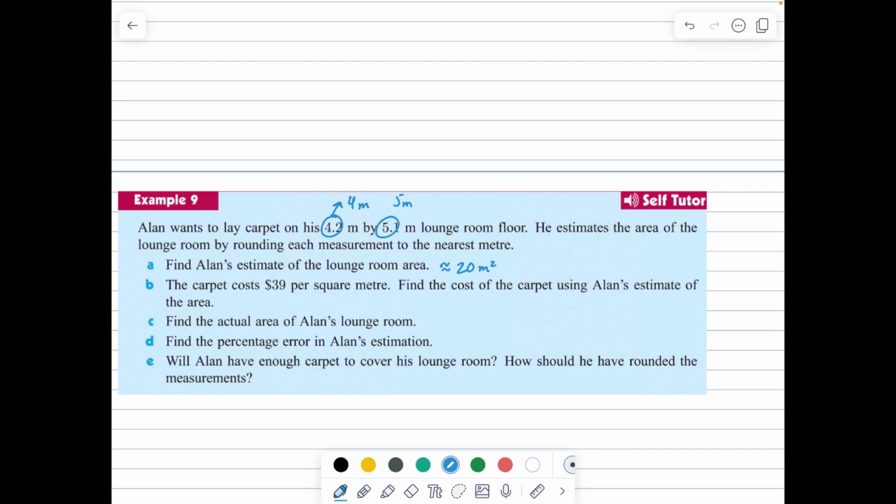The carpet costs $39 per square meter, so find the cost of the carpet using Alan's estimate. Well, 20 times 39 is 780. 39 times 20 is 780.